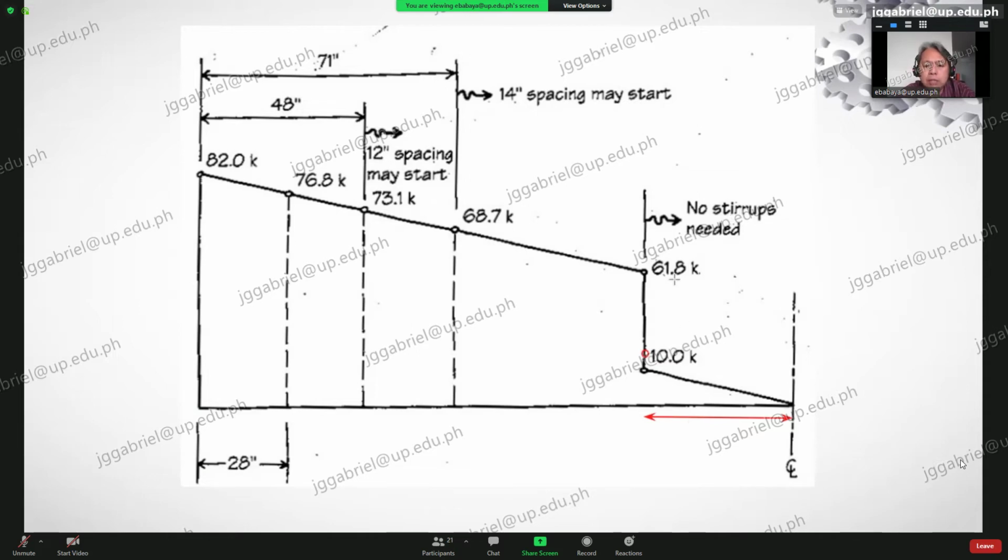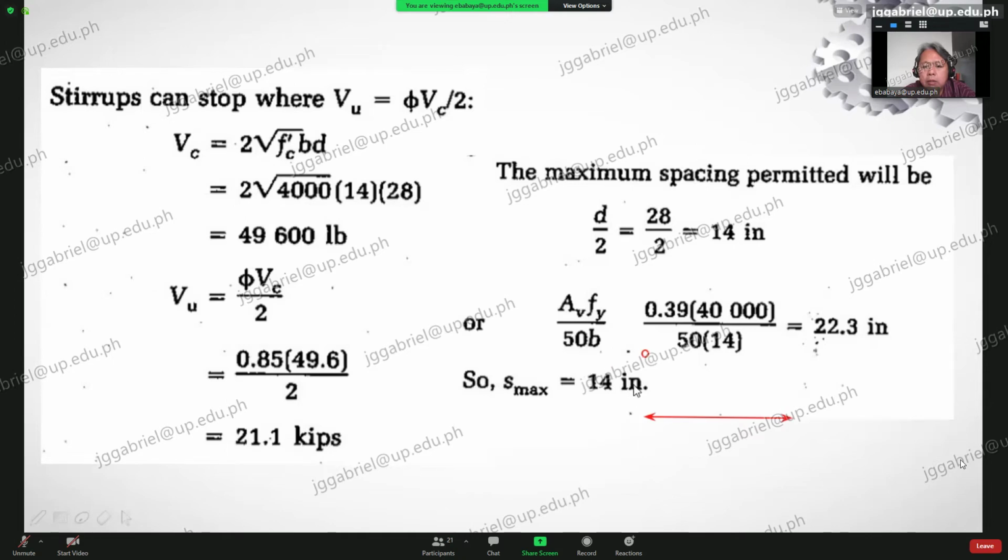Now, the next one, from no stirrups up to maximum spacing, what did we get? Okay, we will have to compute pa yung location na.